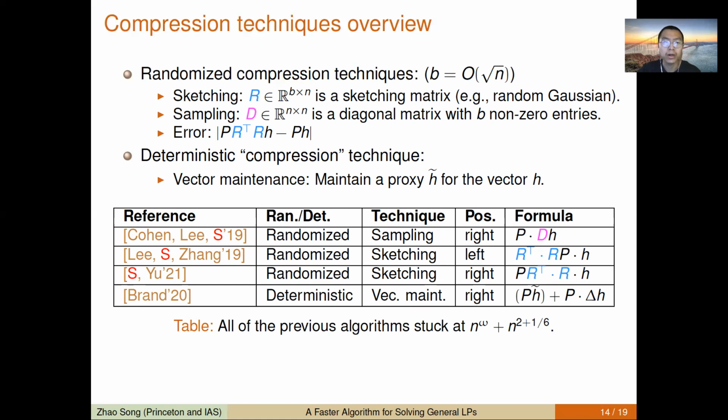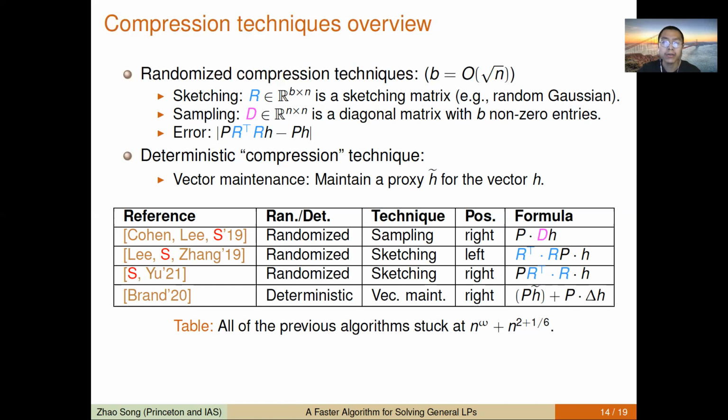The first work can get n^ω time for solving LP using randomized sampling, and it basically samples on the right-hand side of the matrix P. The second and third algorithms both use sketching, one sketching on the left and the other sketching on the right. And the last one uses a compression technique via vector maintenance, trying to maintain a vector h.